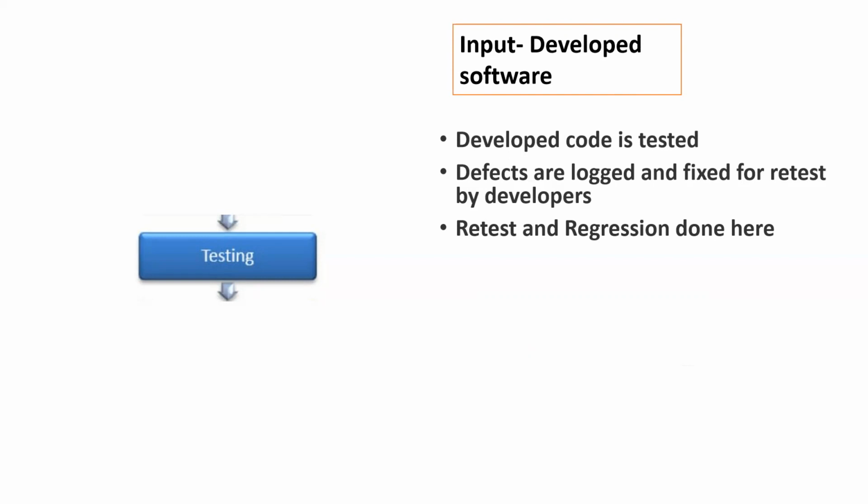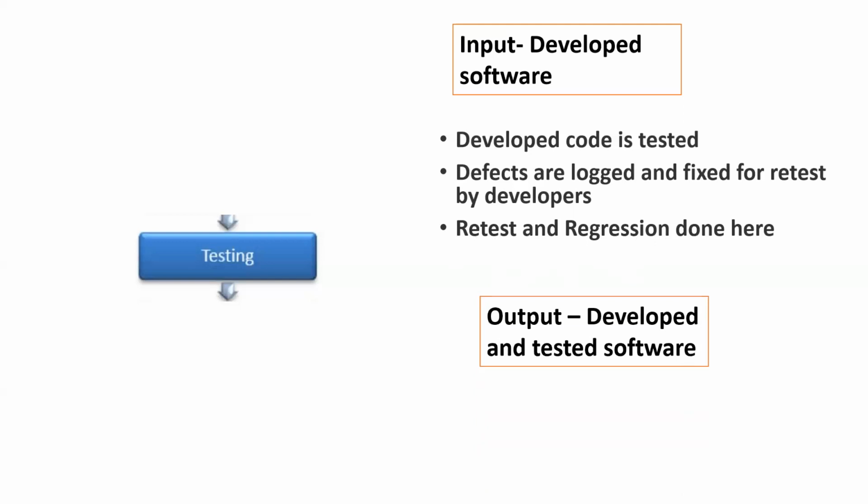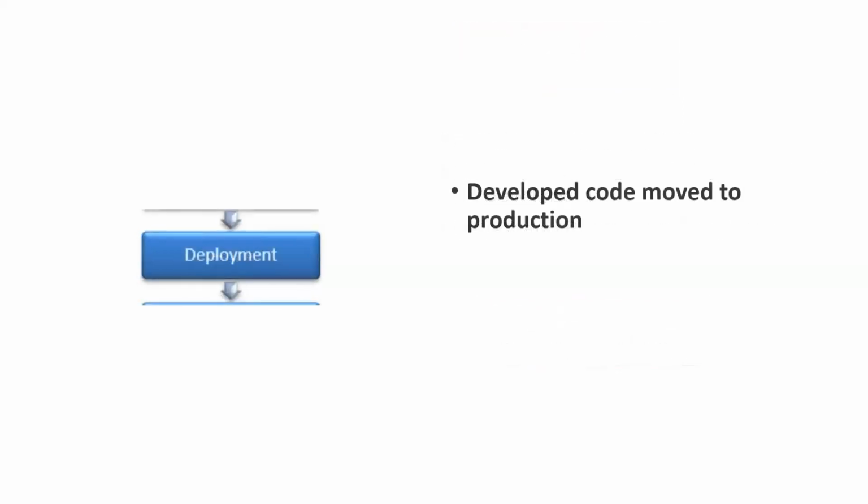That fix will be sent back again to us for testing, and I'll be testing it. That is called retest. I'll tell you the difference between these two. So in this testing phase only these will be handled, and your output will be a developed and tested software.